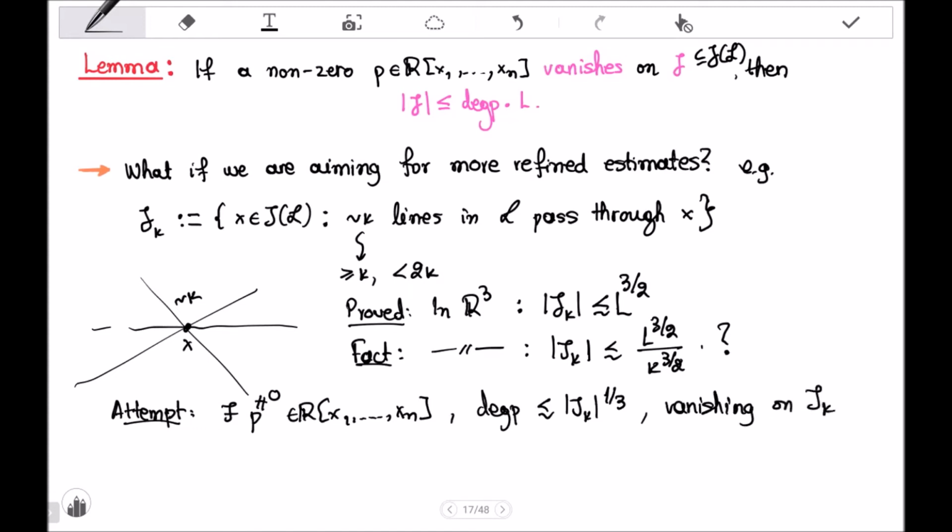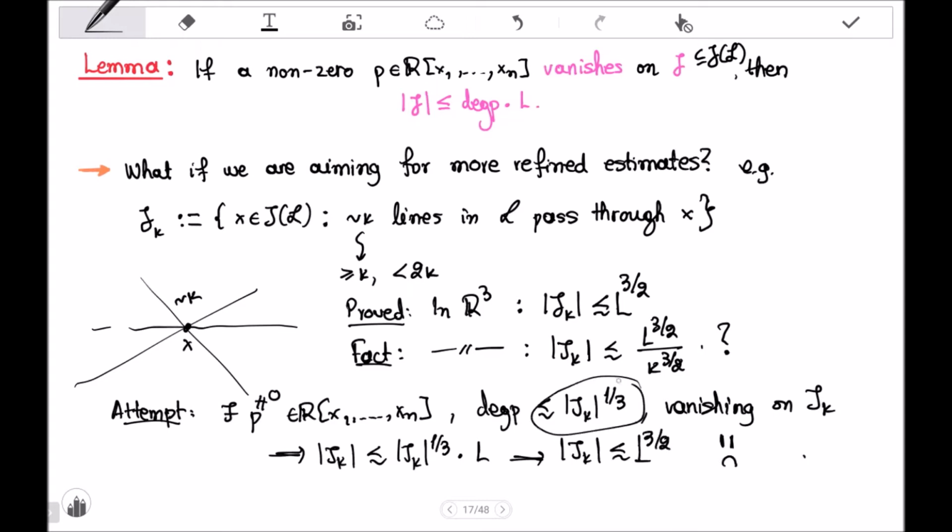That we know. So now we just know immediately from the lemma above here that the k-rich joints are at most that degree, Jk to the 1/3 times L. And if you rearrange like before, you unfortunately don't get anything better than the upper bound for the joints. So that's no good, even though you use the smaller degree actually than the full set of joints, the 1/3, still didn't get you anything better.